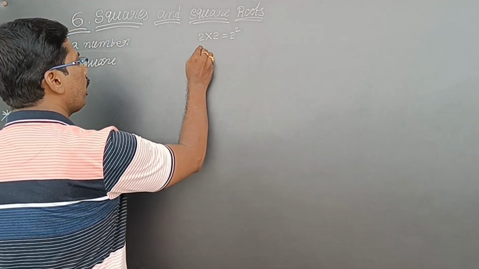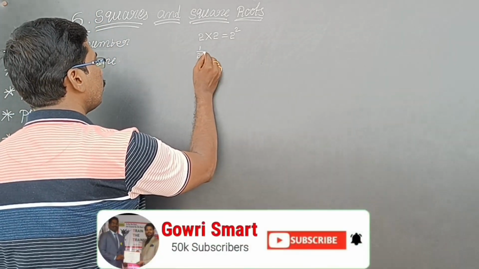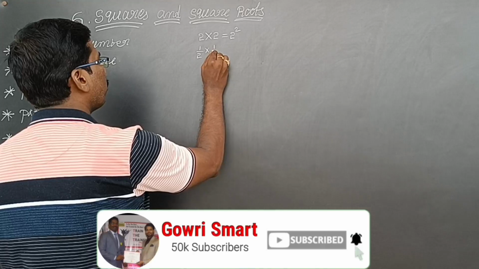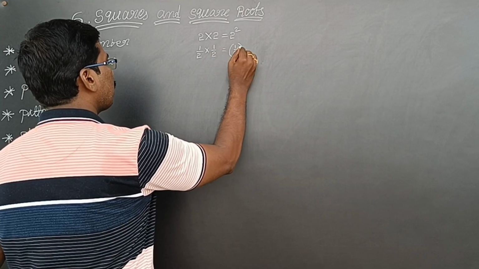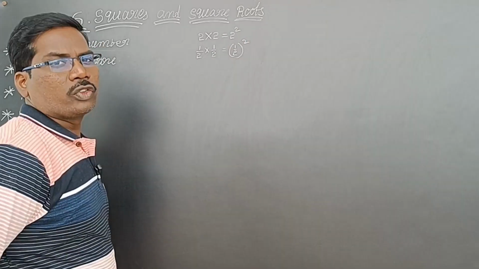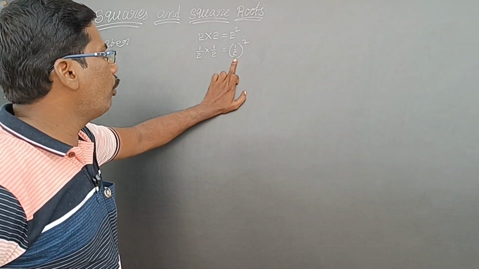For example, I am taking half, 1 by 2. Again I multiply by 1 by 2, then I get 1 by 2 whole square, which is read as the square of 1 by 2.